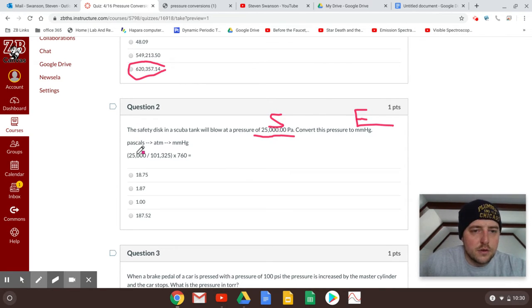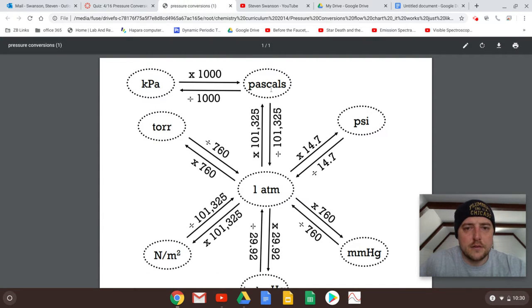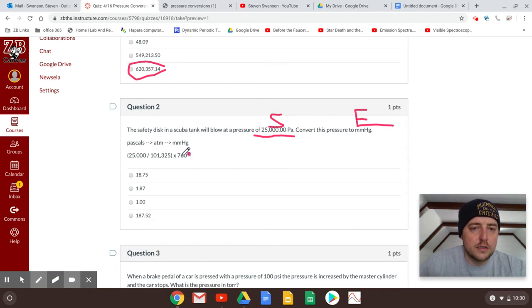It's showing pascals to atm to mmHg, which is a two-step problem: 25,000 divided by 101,325 times 760. Let's check. We're at pascals. To go from pascals to atm, we would divide by 101,325. And then to go to mmHg, we would multiply by 760. So the work does look correct.